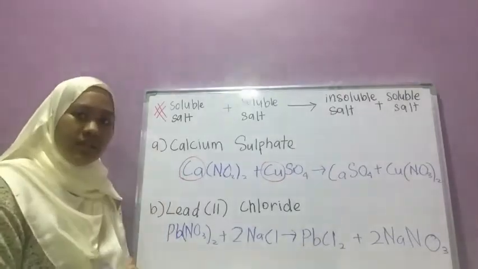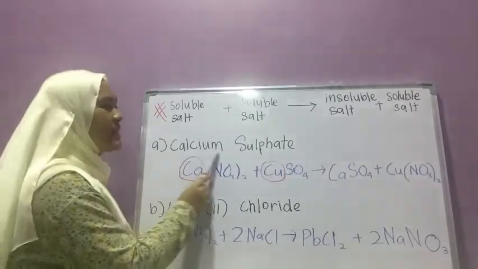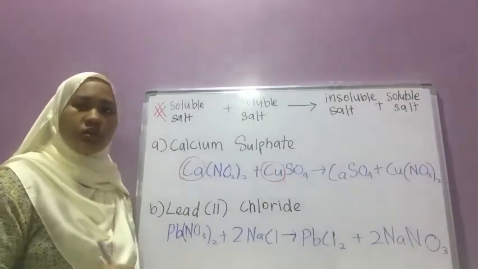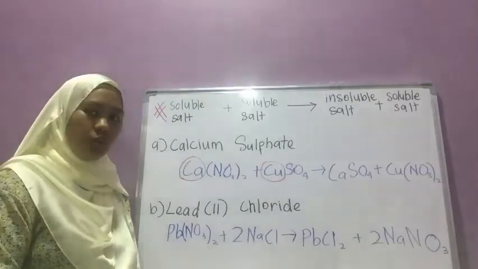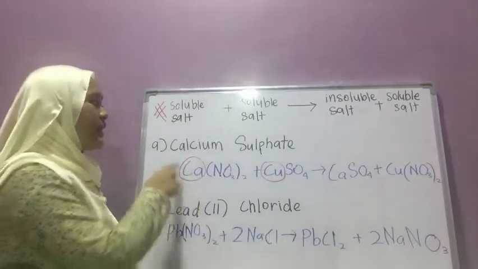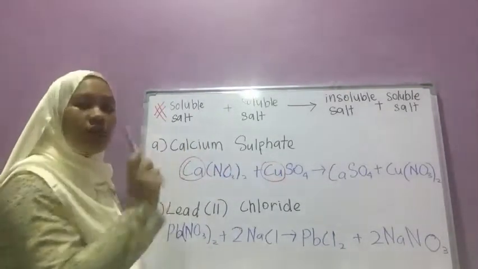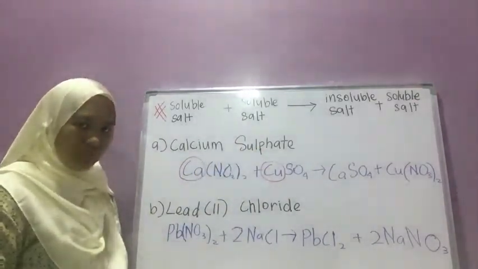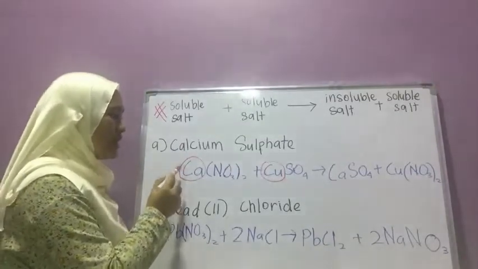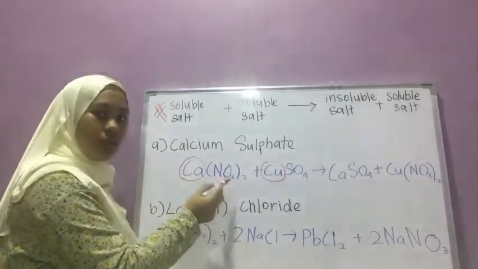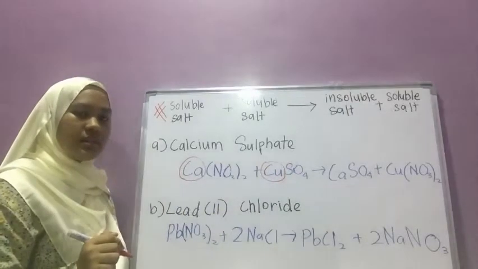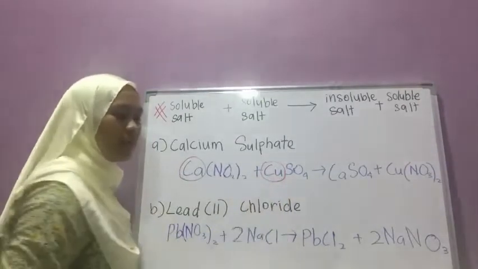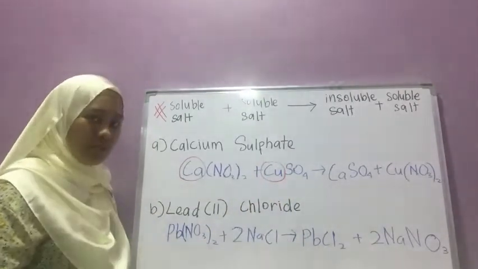Here we look at the first example. We have calcium sulfate. So we want to make the chemical equation, we have to find the calcium solution that's soluble, and sulfate solution that is soluble too. So here I use calcium nitrate, because all nitrate salts are soluble. Then I use copper sulfate, which is soluble too.